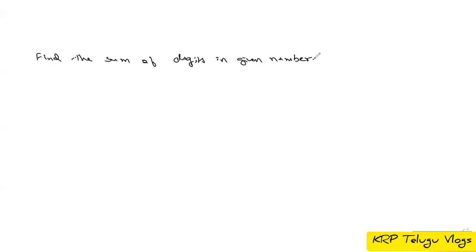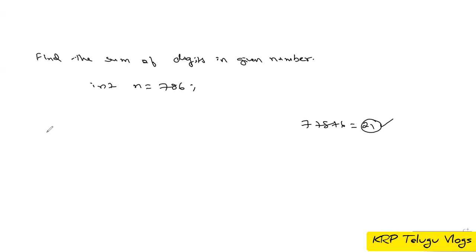For example, I'm having int n is equal to say 786 only. We can take 785, whatever it is. You need to find the sum of these digits: 7 plus 8 plus 6. What is the sum? 21. So your program has to print 21. How will you do this?